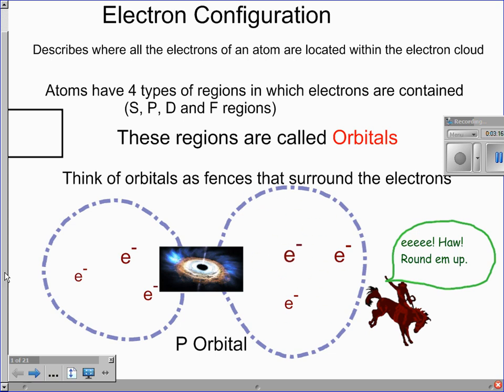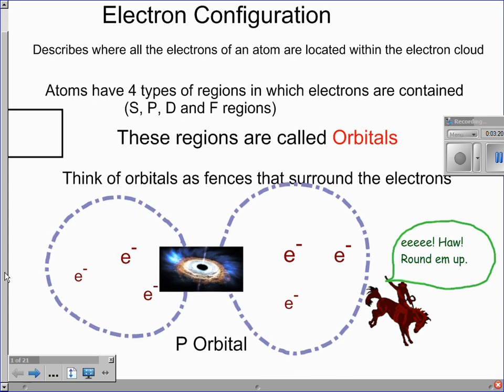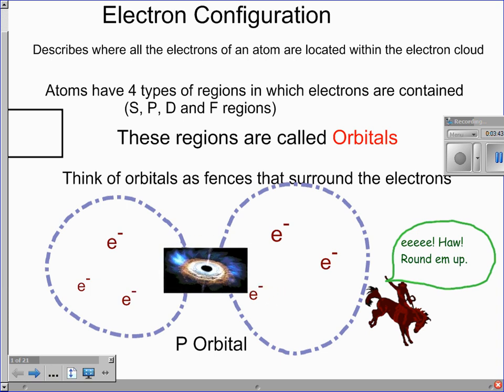Now you see, I have this here. This is actually what a p orbital looks like. It has a certain shape to it. And in this p orbital, there's a whole bunch of electrons buzzing around in seemingly random patterns, and the nucleus is trying to suck them in.